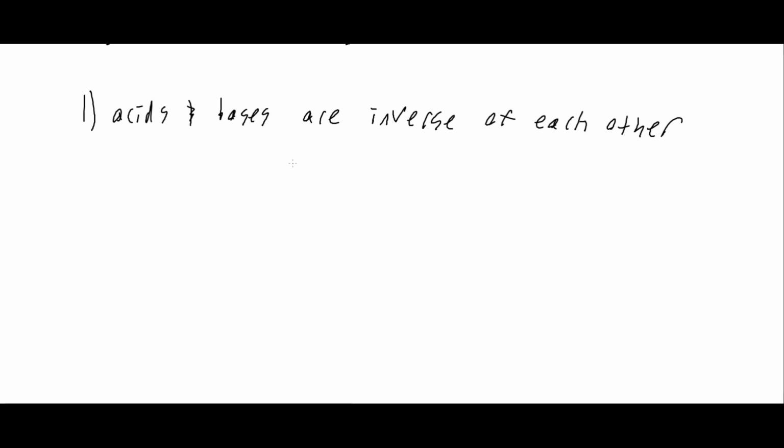If your acid gets stronger, then your conjugate base gets weaker, and if your base gets stronger, your conjugate acid gets weaker, and vice versa. And the other one is that it is context dependent. So if you put something that's an acid into something that's an even stronger acid, then your acid is now going to act as a base.